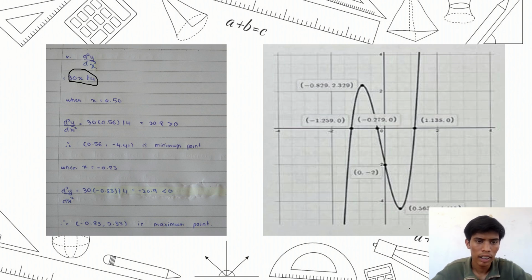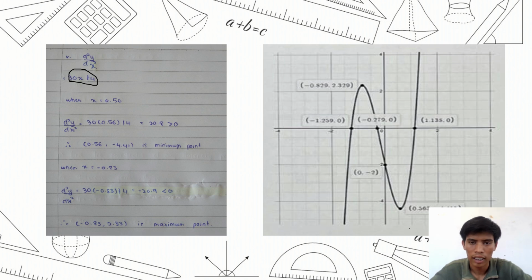Just fill the x into d squared y over dx squared, and the answer is like this. And then when x equals negative 0.83, the answer is negative 20.9. This is the main point.